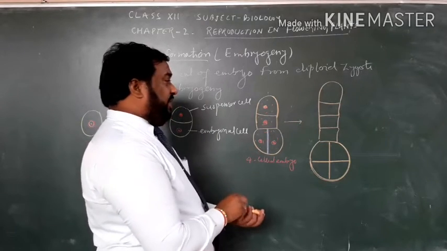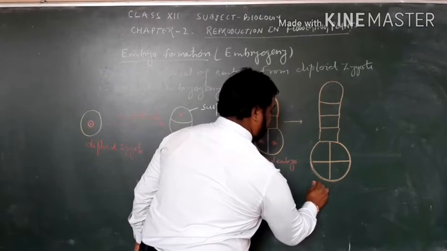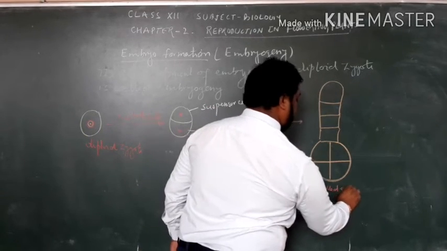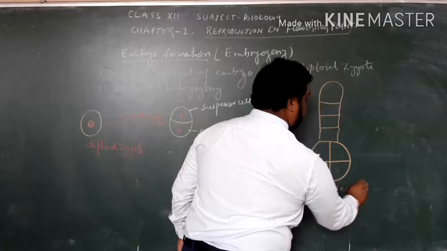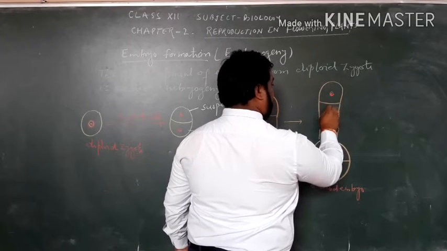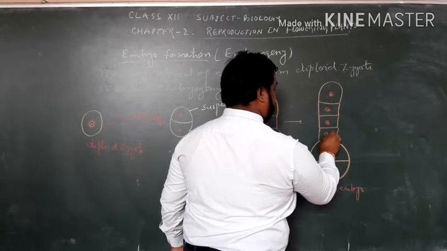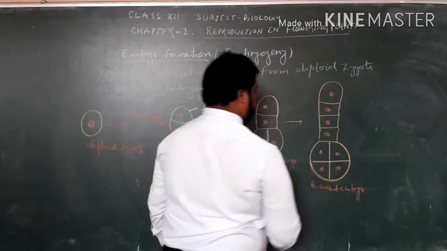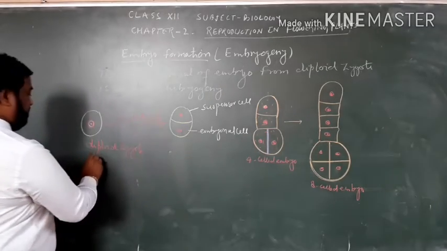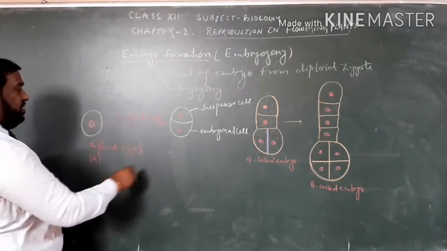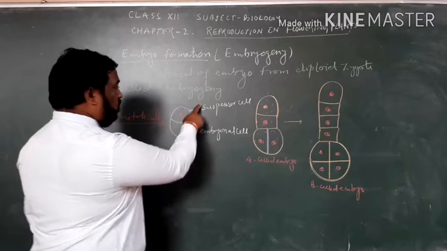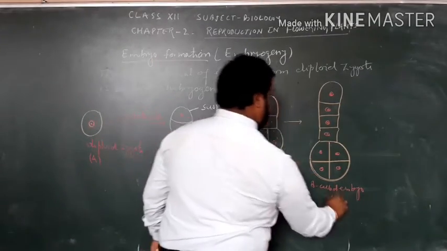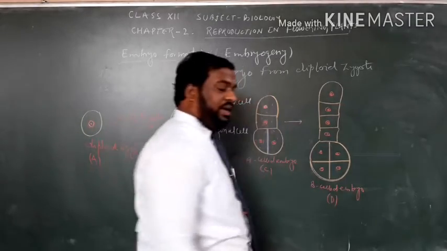In total here is an 8-cell embryo having 4 upper cells and 4 lower cells. So this is A the zygote, B the 2-cell, C the 4-cell, and D this is an 8-celled embryo.